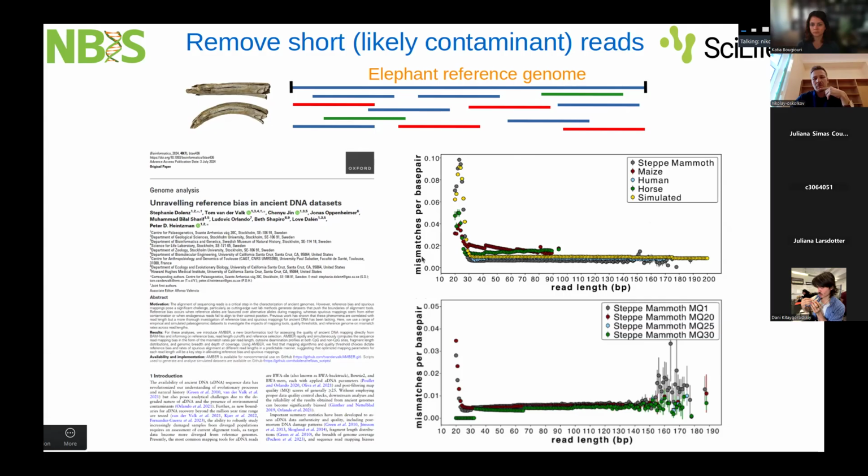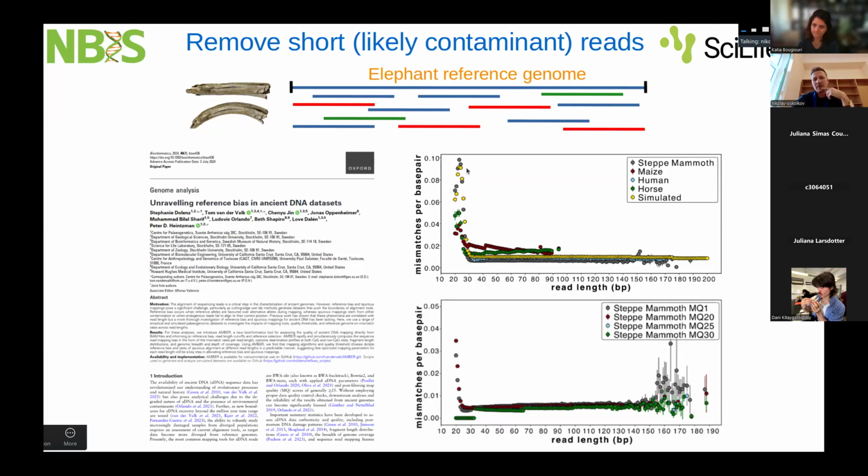method, which can potentially be used for eliminating contaminating reads. If you do the mapping to the reference and check what is the mismatch rate per read for reads with different lengths, it turns out that for very, very short reads, ultra short reads, you will see a jump in the mismatch rate.